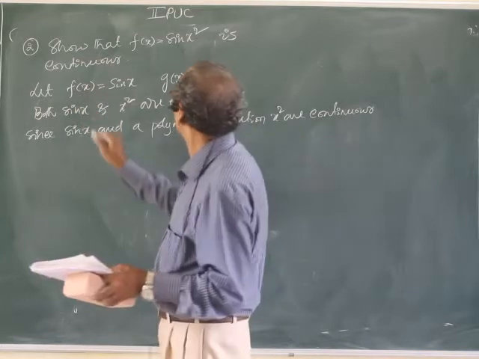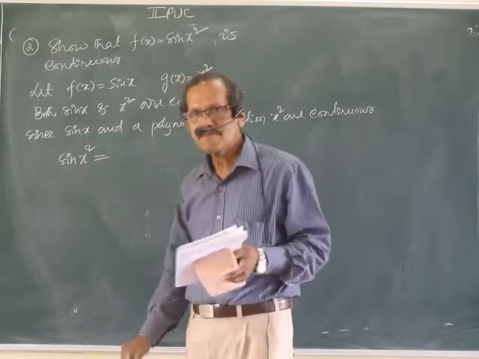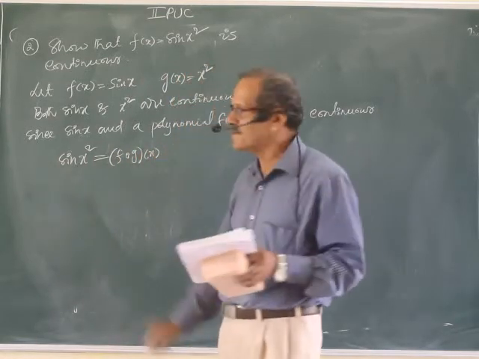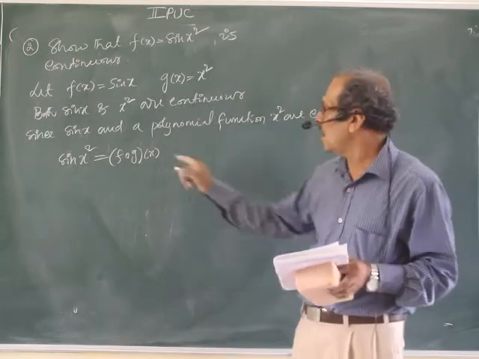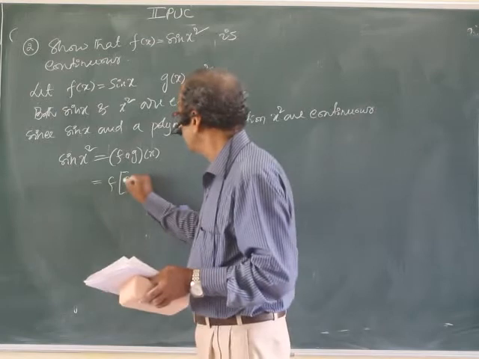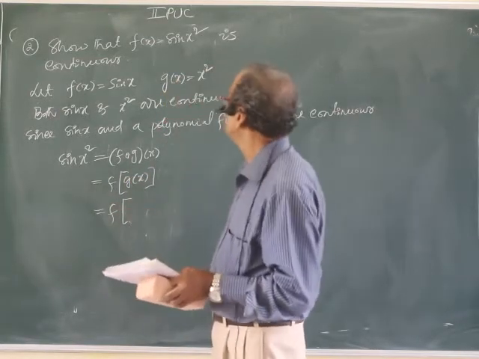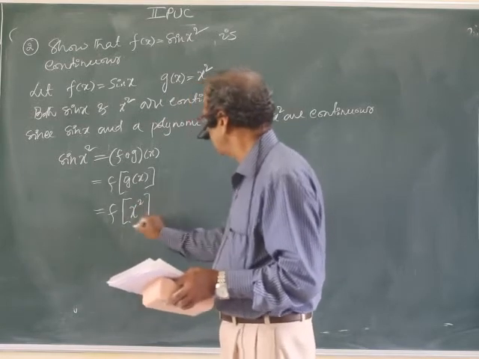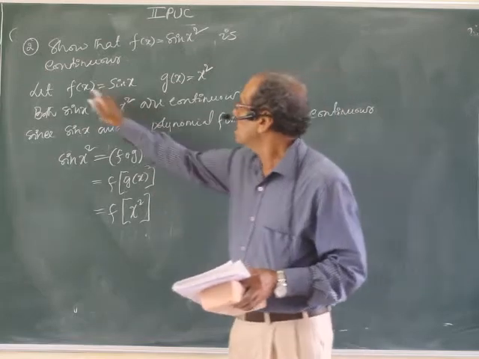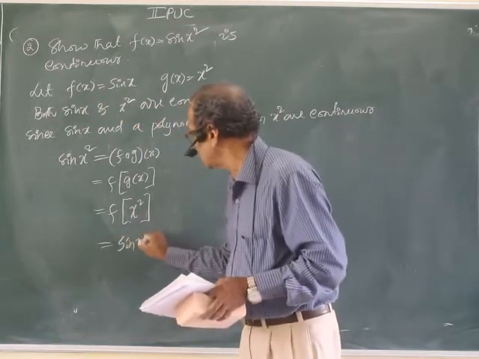Now just see, sin x square is nothing but f composite g of x. Verify whether it is so. It is a composite of these two functions. f of g of x: g of x is x square, f of x is sin x, so f of x square is sin x square.